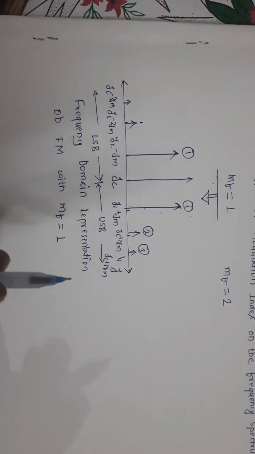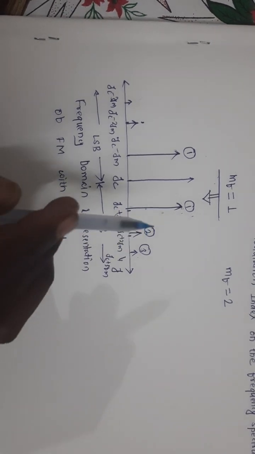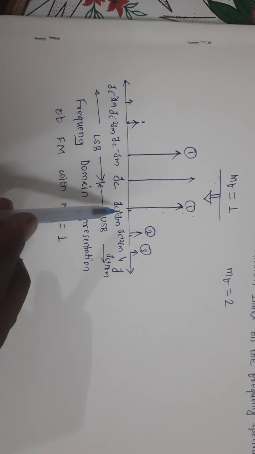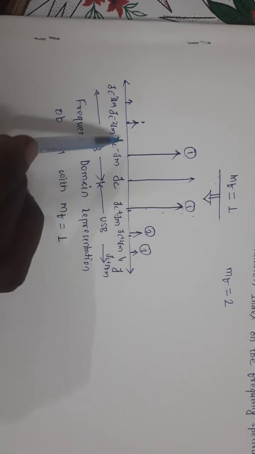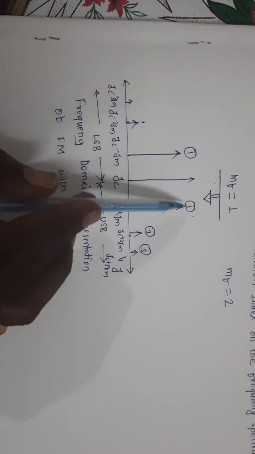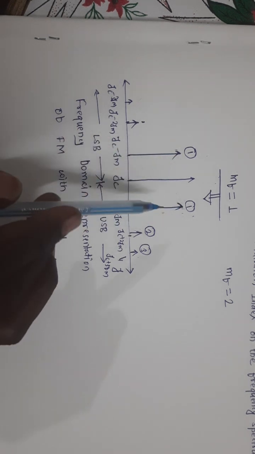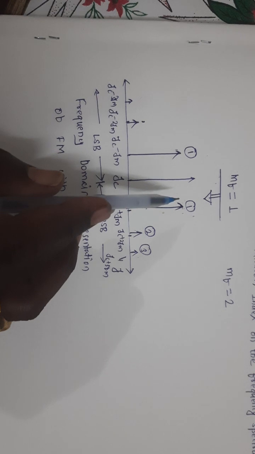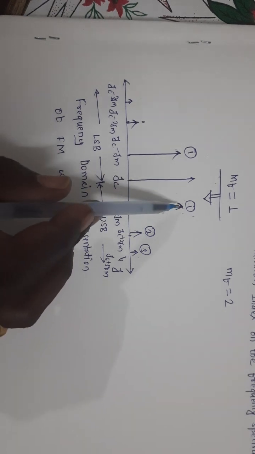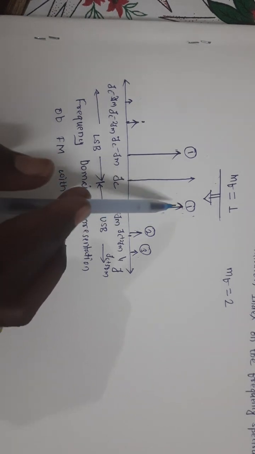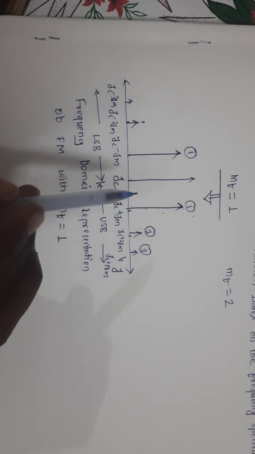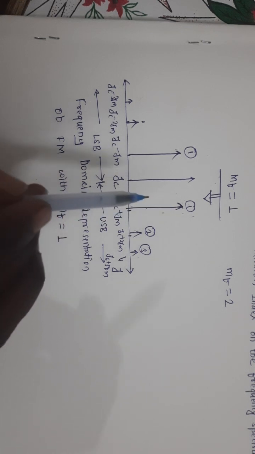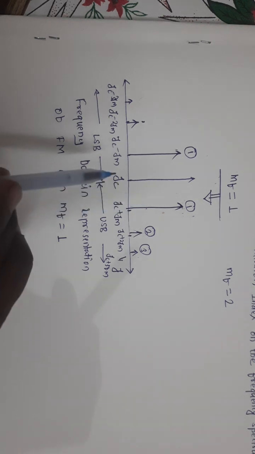While calculating the bandwidth, we always consider the USBs or LSBs of significant amplitude. Only those sidebands created with significant amplitude are taken into consideration while calculating the bandwidth of FM.